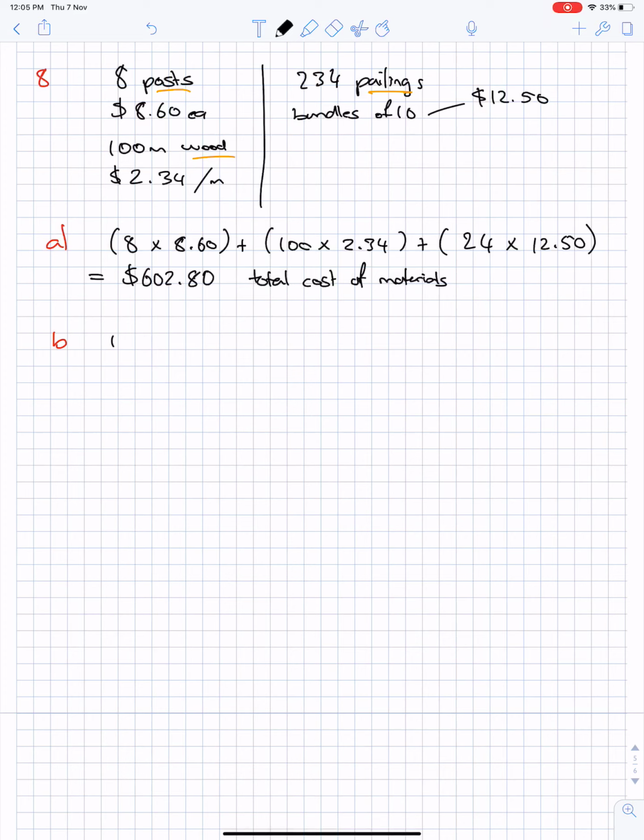So you go 100 minus 25, which equals 75, and then you go 0.75 times the total cost, which is 602.80, which equals $452.10. So that's the cost price of all the materials.